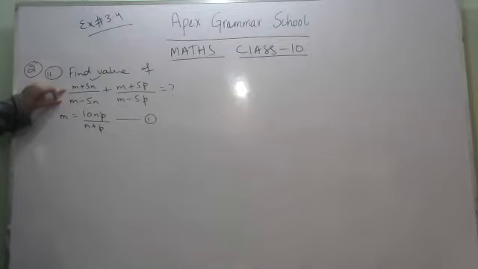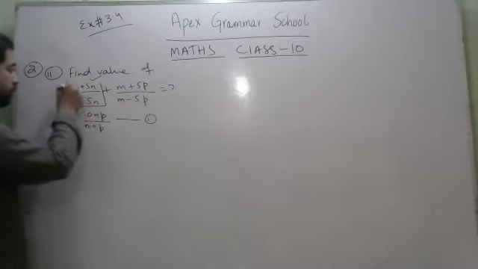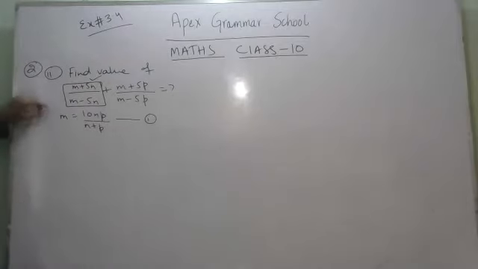We can see that for this portion, the componendo and dividendo theorem can be applied between m and 5n, because there is a positive sign in the numerator and a negative sign in the denominator.